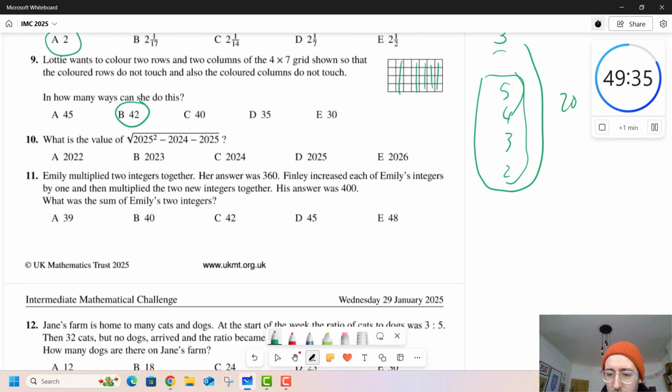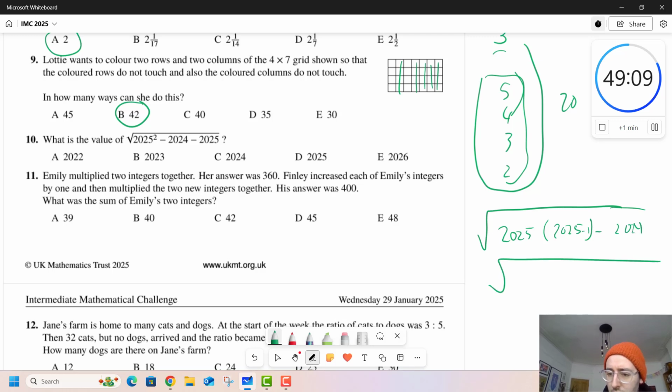What's the value of that? Oh, that's nice. Let's factorize out a 20, 25. Minus 1, minus 20, 24.